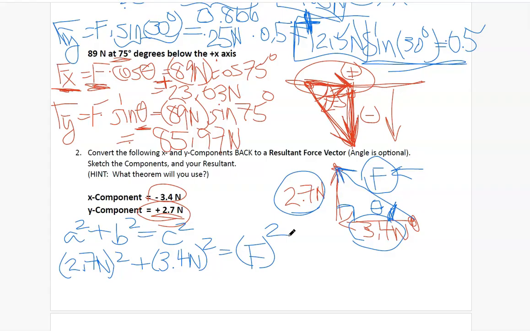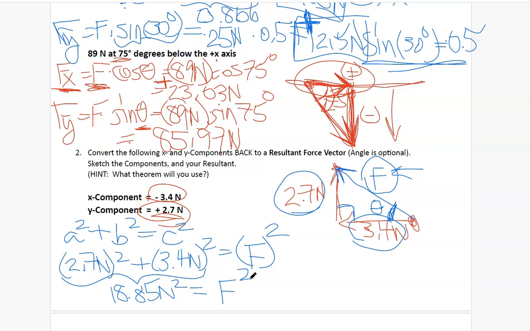Well, you multiply this out, take the squares, you sum up the squares, and you're going to get a value of 18.85 newtons squared, because we've squared these values, and that's equal to the magnitude of the force, the resultant vector, squared.